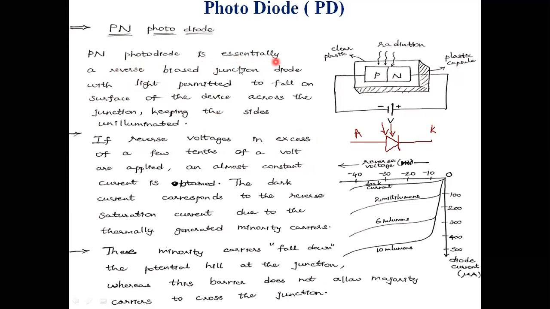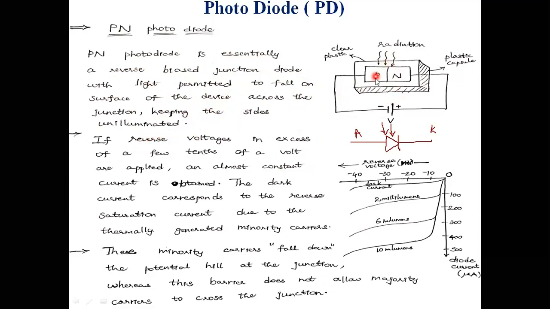A PN photodiode is essentially a reverse biased junction diode with the light permitted to fall on the surface of the semiconductor device across the junction. This light is going to fall across the junction, keeping the sides unilluminated.